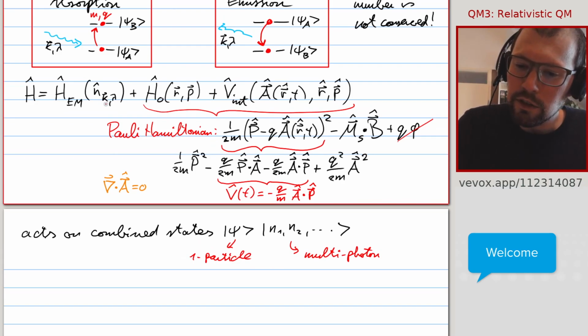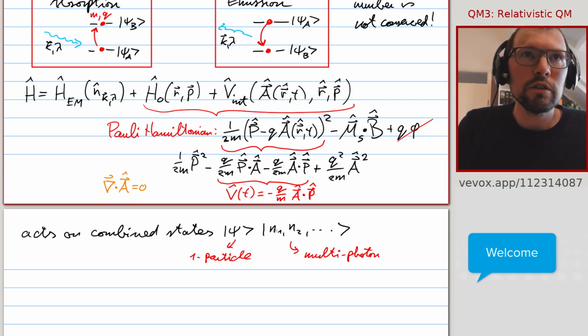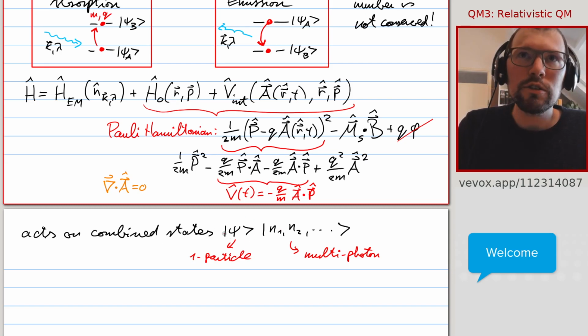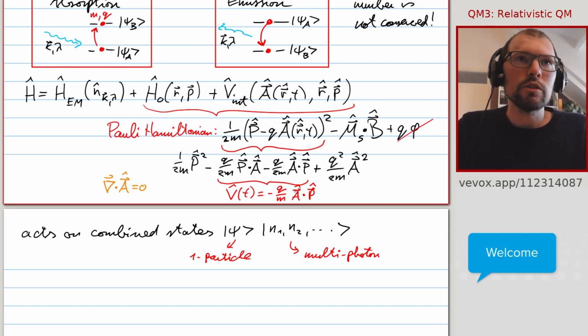Right, because we have the number operators, and they only act on the multi-photon states. We have the position and momentum operators, and they only act on the particle state. And then in the interaction part, we have both the momentum operator and a position operator acting on the one particle. And inside of this vector potential operator, the field operator, there are still these creation and annihilation operators that act on the multi-photon states.